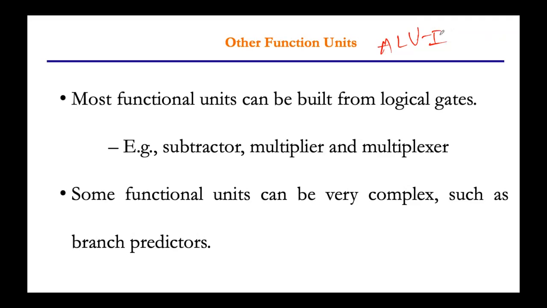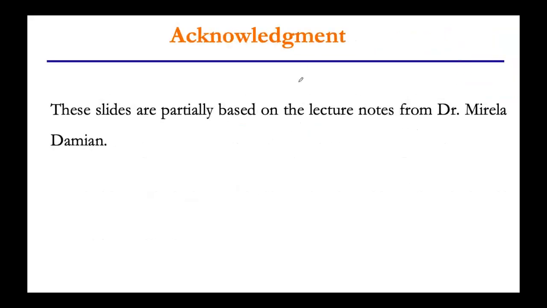1-bit adder, or subtractor, or the multiplier and multiplexer, or 32-bit adder, or subtractor, or multiplier and multiplexer, or 64-bit if it is a double precision, then 64-bit adders, subtractors, multiplier, and your multiplexers.